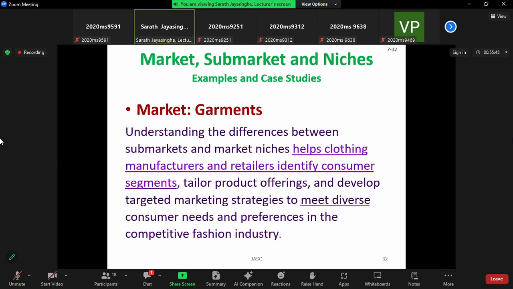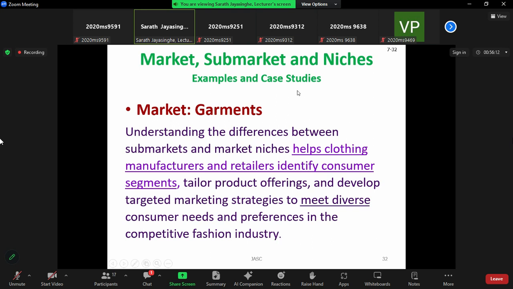This one is garments, right? Garment is a broad market. And then understanding the difference between submarkets and market niches helps clothing manufacturers and retailers identify consumer segments, tailor product offerings, and develop target marketing strategies to meet diverse consumer needs and preferences in the competitive fashion industry.